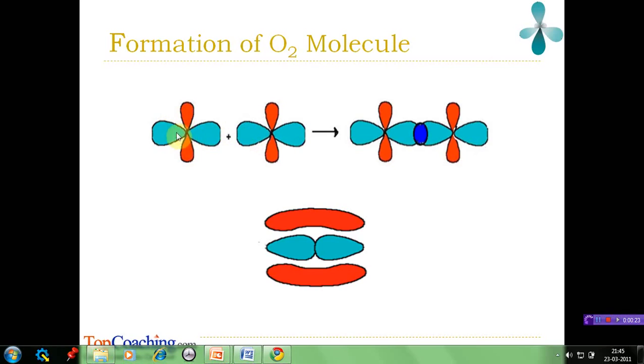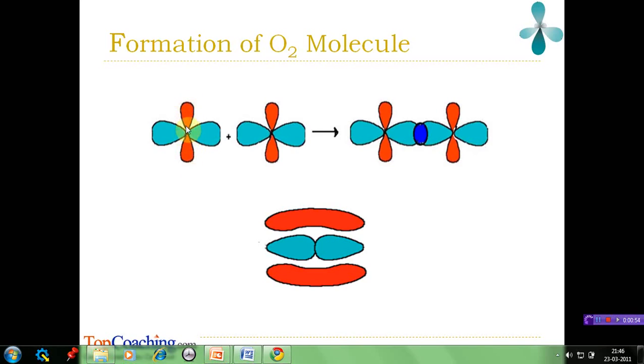As they come closer, this blue orbital will overlap with this blue orbital, that is half-filled orbital of another oxygen atom, along the axis. So these two will overlap and form a sigma bond. As we discussed earlier, the electron density will be concentrated along the line joining the nuclei of the two atoms, that is in the middle, and it will be symmetrical in nature.